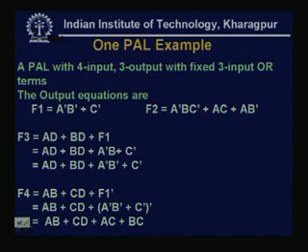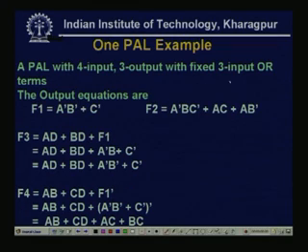Here, if we see another PAL example, how we can realize this: a PAL with 4 inputs and 3 outputs with fixed 3-input OR terms, and output equations. F1 is A dash B dash plus C dash, F2 is A dash B C dash plus AC plus AB dash, F3 is AD plus BD plus A dash B dash plus C dash.